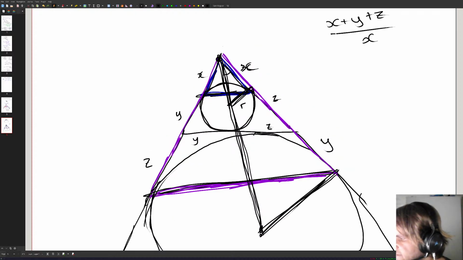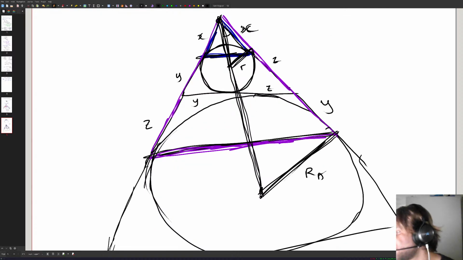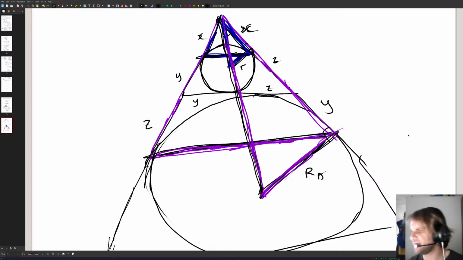So this radius, let's call this RA. So it's actually this blue triangle that I'm interested in and this purple triangle, which are probably easier to justify.